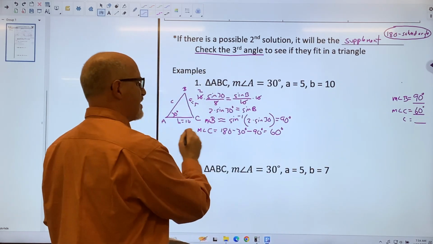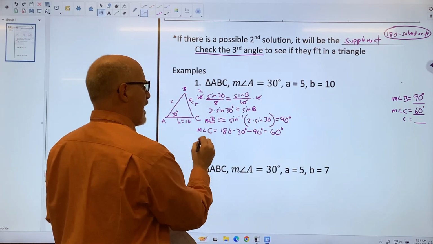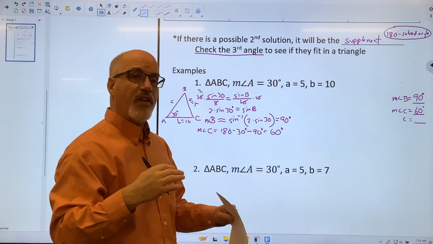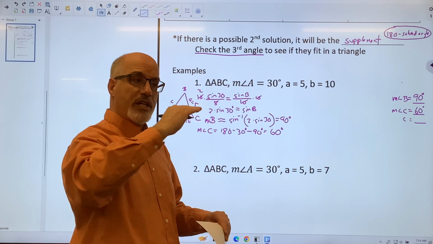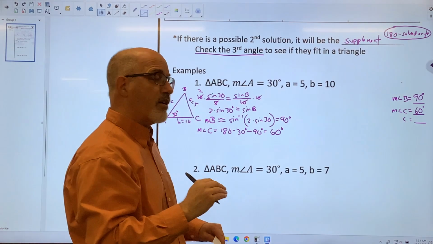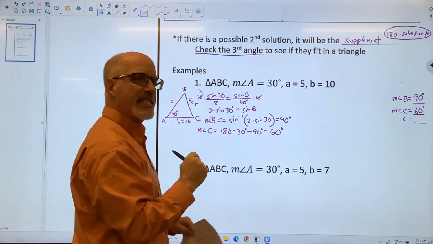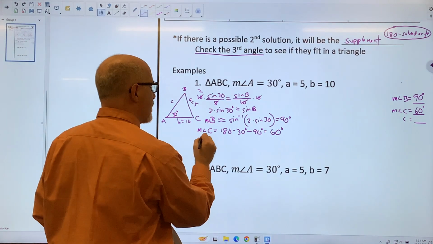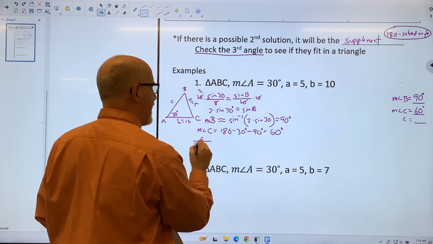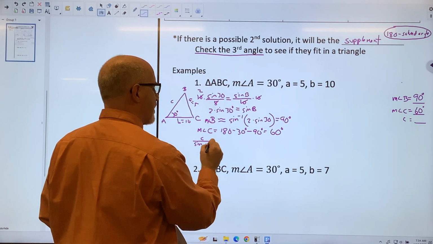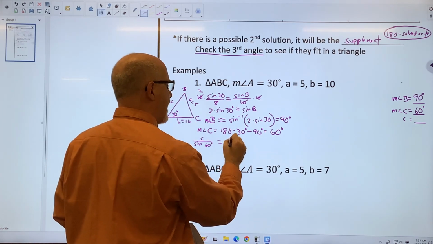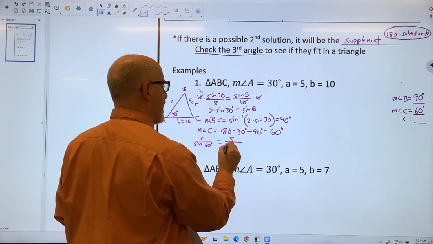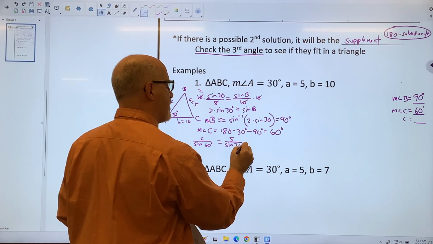And then lastly, to find side C, I'm going to use the fact that you can do the reciprocal of the law of sines if you set up the ratio with the side over the sine of the angle, especially if I'm finding a side. So I'm going to say C over sine of my angle, 60 degrees, is going to equal my given side 5 over sine of angle 30 degrees.